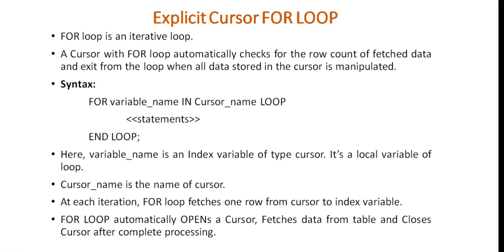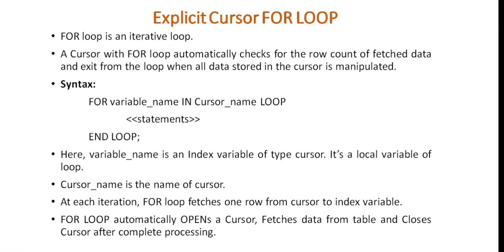In the previous program we explicitly opened the cursor using the open cursor_name command, then used the fetch command to fetch data, and then used the close cursor command to close the cursor. But here in the FOR loop there is no need to write these three statements.